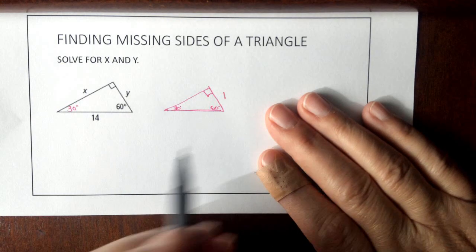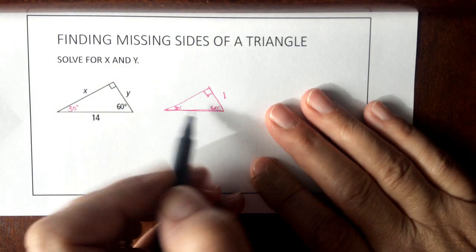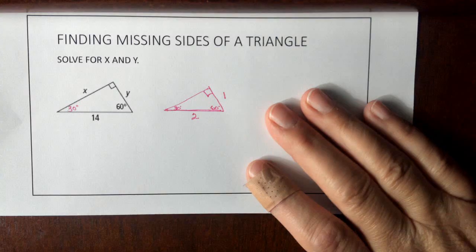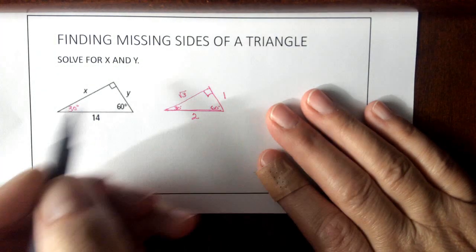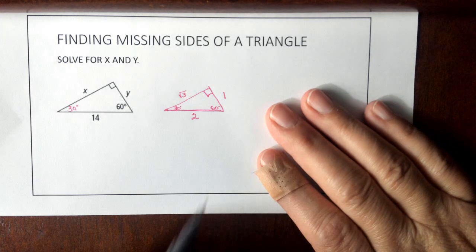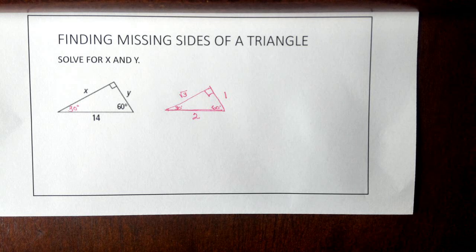The hypotenuse is the longest side. That's down here on the bottom, opposite the right angle. That's 2. That means this middle-sized radical 3 goes on the top left, opposite the 60-degree angle. Once you get those labeled correctly, you're ready to solve for x and y.